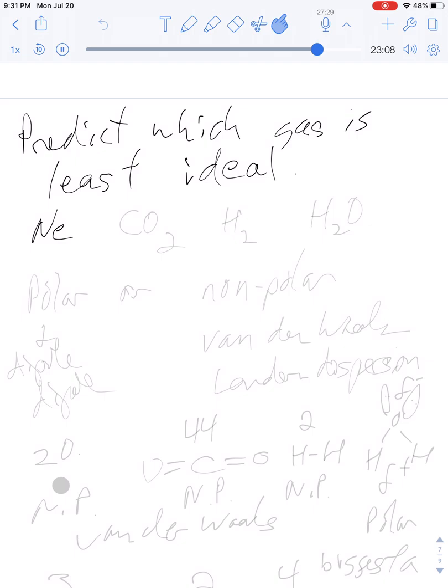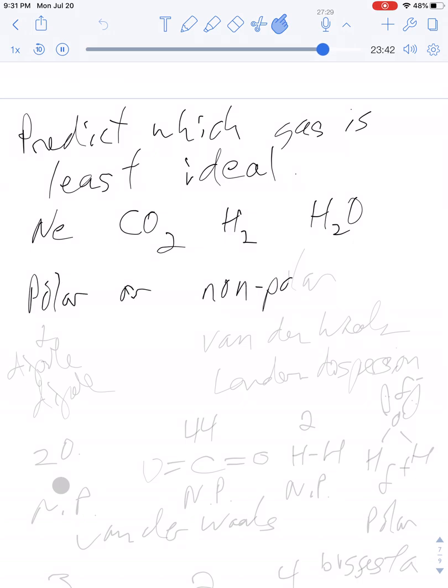Neon, carbon dioxide, hydrogen, and then water, okay? So we look at these gases to begin with. The first thing you want to look at is who's got the most attractive force, okay? That's sort of a bigger factor at play. So first thing you want to ask yourself is, is your gas polar or nonpolar?